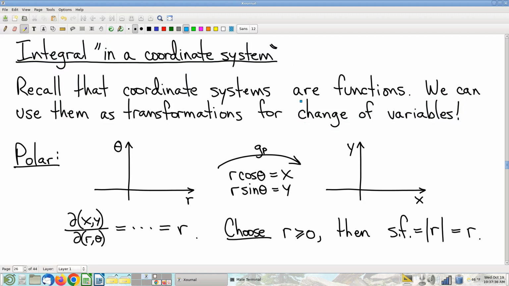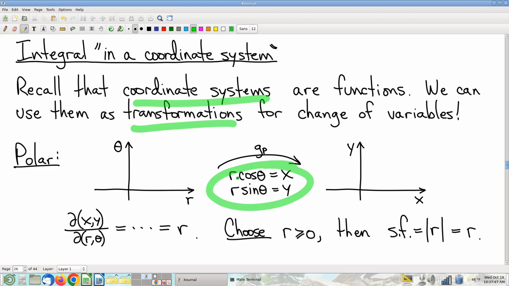To start moving in that direction, let me point out that a coordinate system is, in fact, a change of variables function. So here's how we've thought about a coordinate system, the polar coordinate system. X and Y are certain formulas involving r's and thetas. You may recall I suggested that it's useful to view that as being a function, and it's useful for more than just this.